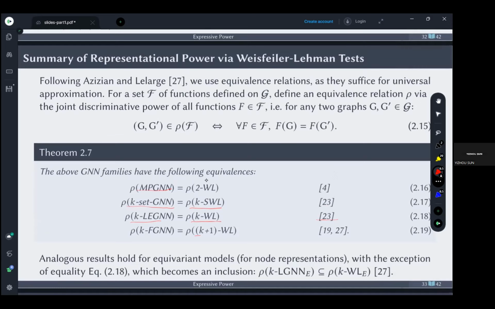But I just wonder, from a practical perspective, in those papers, do they provide evidence on real-world data sets, that this kind of high order WL tested graph neural network actually can produce better results in terms of, for example, accuracy? Yeah, they do.